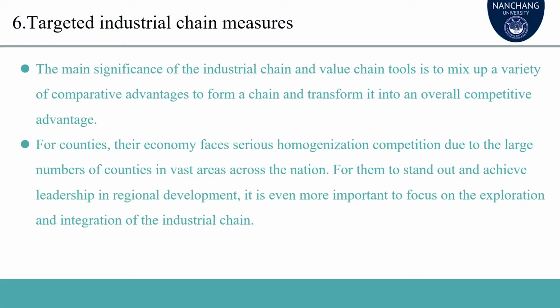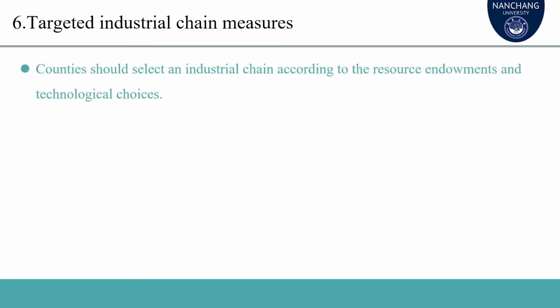For counties, their economy faces serious homogenization competition due to the large numbers of counties in vast areas across the nation. For them to stand out and achieve leadership, it is even more important to focus on regional development, the exploration and integration of the industrial chain. Counties should choose an industrial chain according to the resource endowments and technological choices.